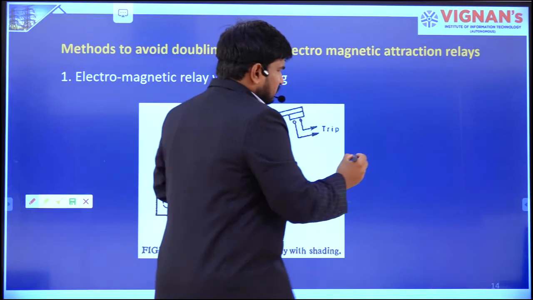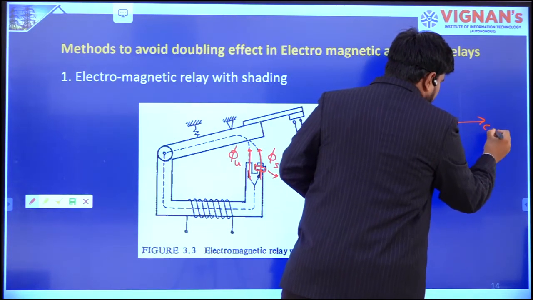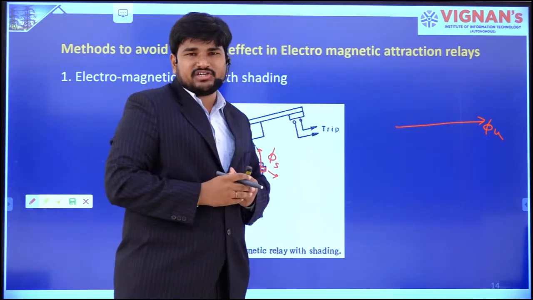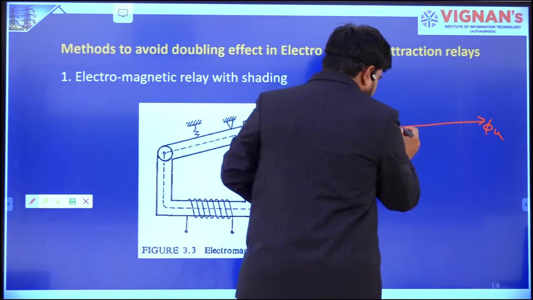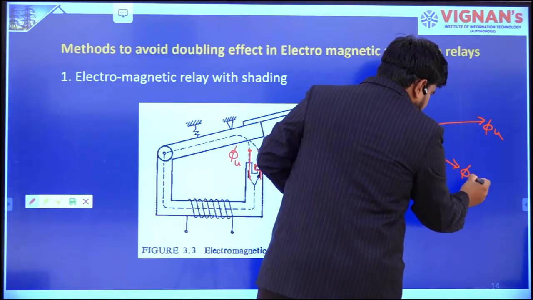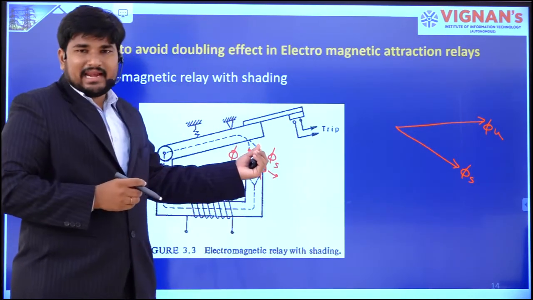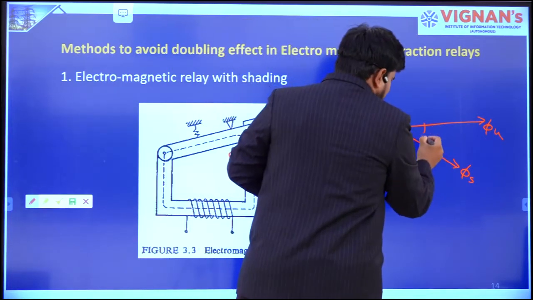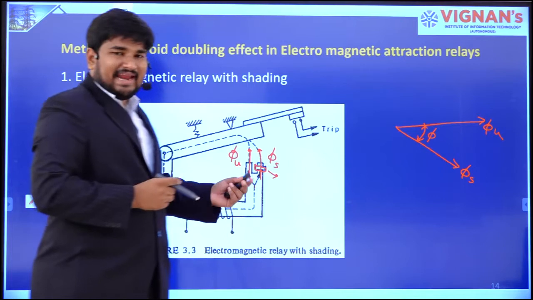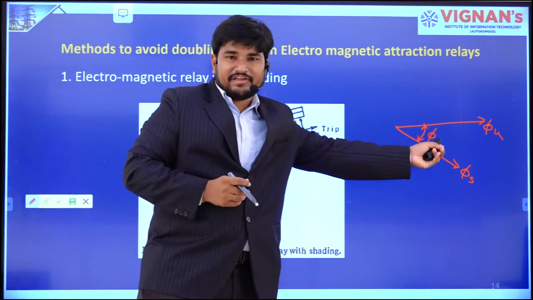Now let us observe. For example, this is my unshaded portion of flux. The shaded pole flux Fs will slightly lag with respect to the main field flux, or the other flux phi u.